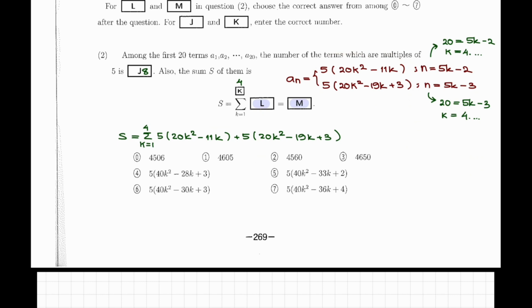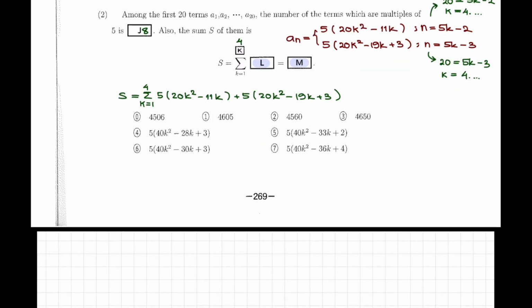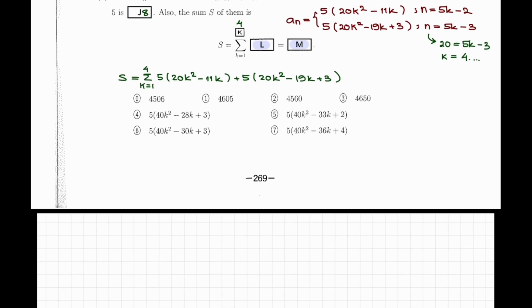If you simplify it, since they both have a common factor of 5, I can factorize 5. Then I will obtain 20k square minus 11k plus 20k square minus 19k plus 3.